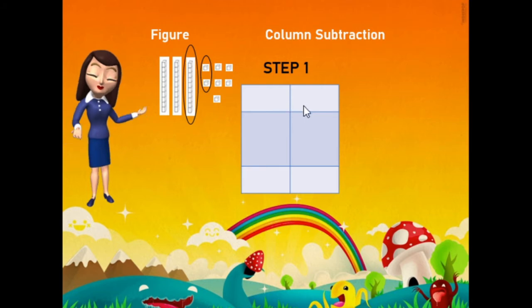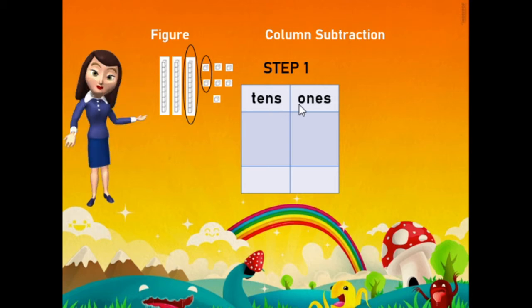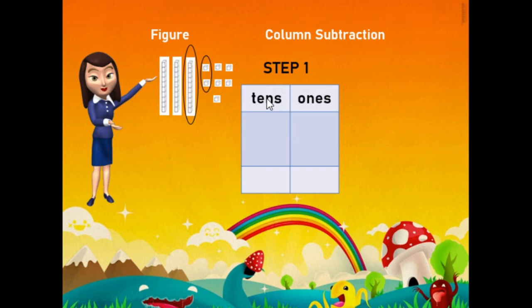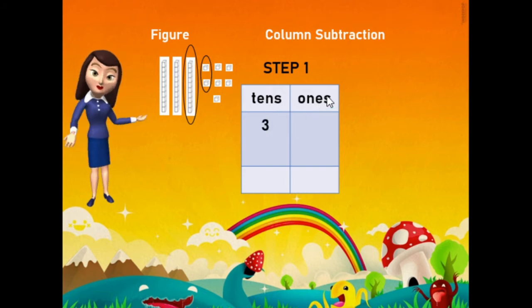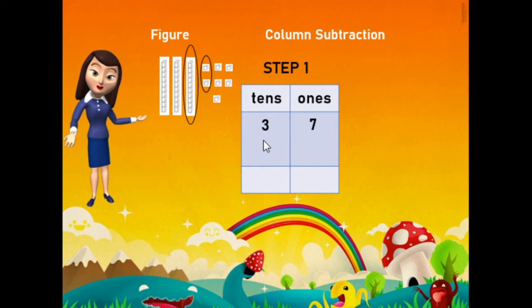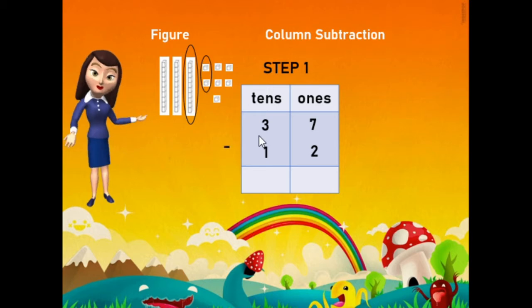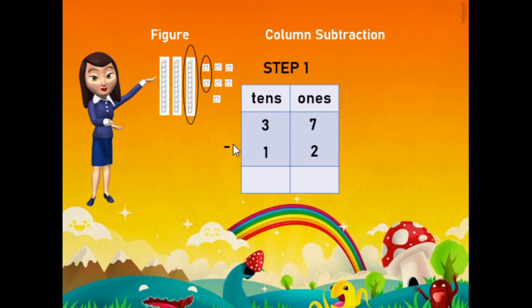The first column is for the tens place, and the second column is for the ones place. Under the tens place, we have 3, and on the ones place, we have 7. Under the tens place, we have 1, and under the ones place, we have 2. Of course, don't forget the subtraction symbol.